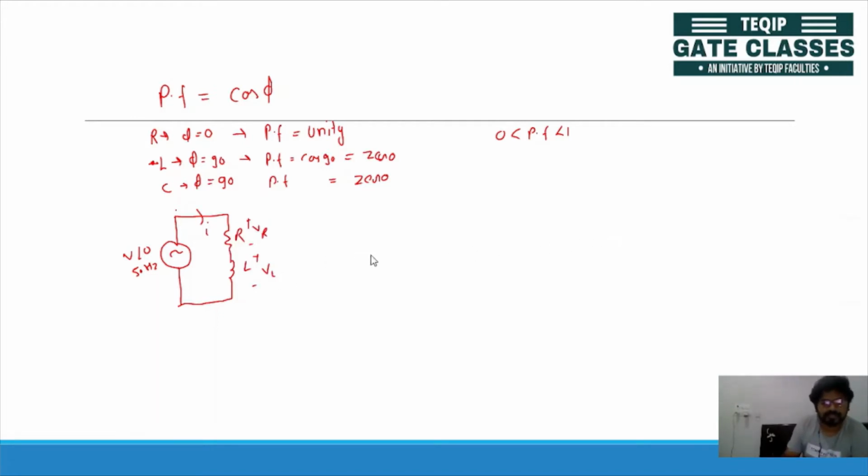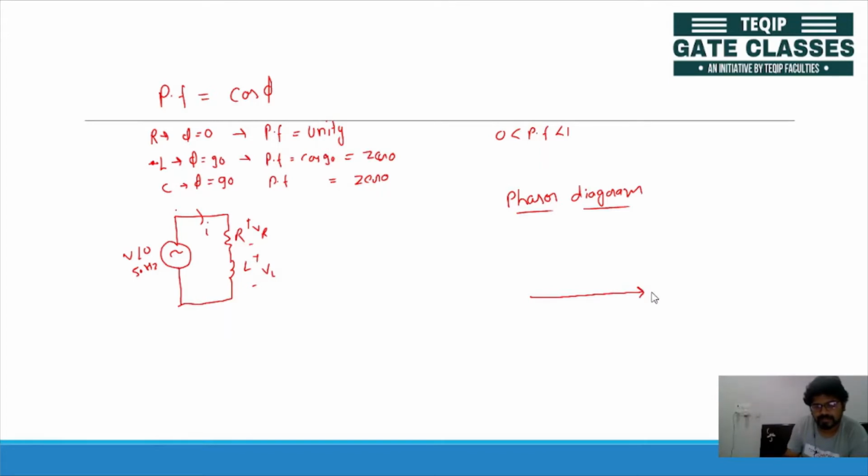Okay, so the current is the same in both R and L. Let's draw the phasor diagram. Let's first draw the current here.